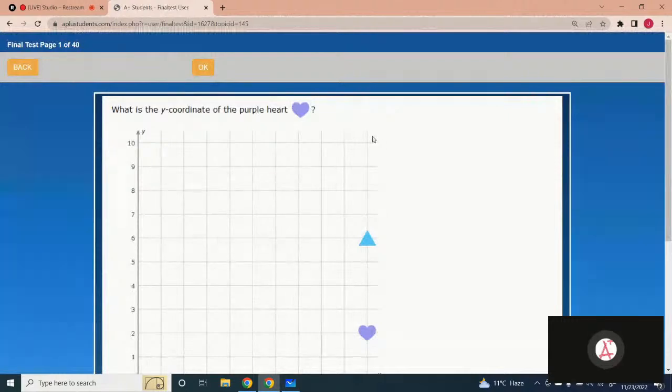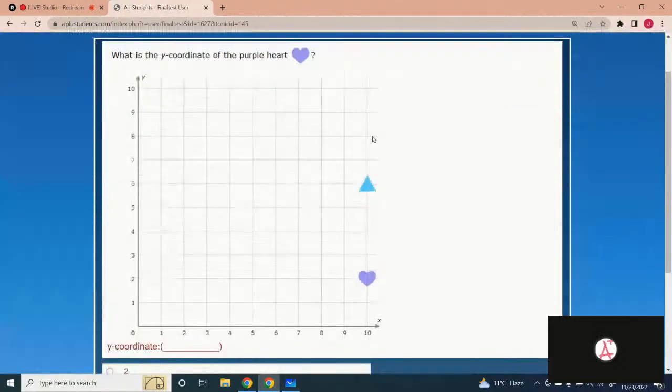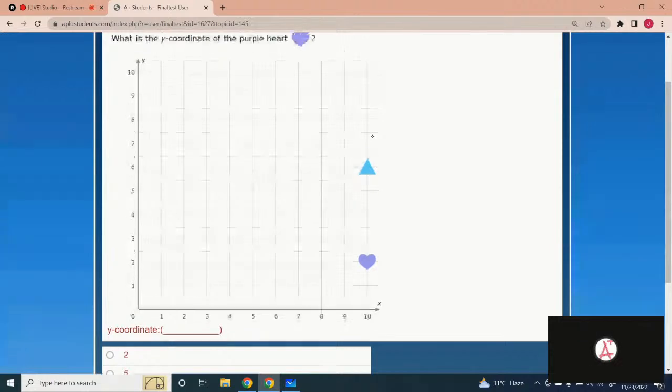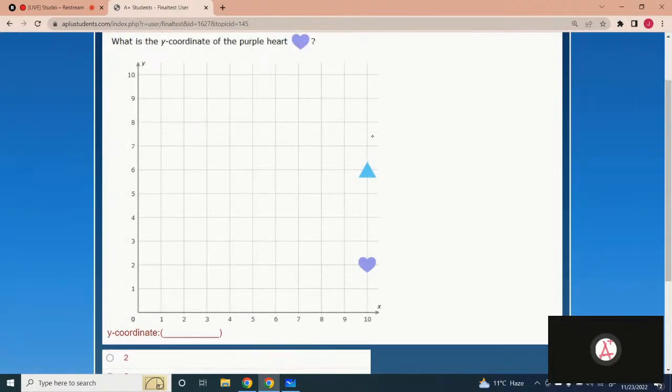Okay, what is the y coordinate of the purple heart? So to find the y coordinate of the purple heart, match the heart to the x-axis and y-axis. When you match it to the x-axis, it would be 10, and when you match it to the y coordinate, it would be 2.